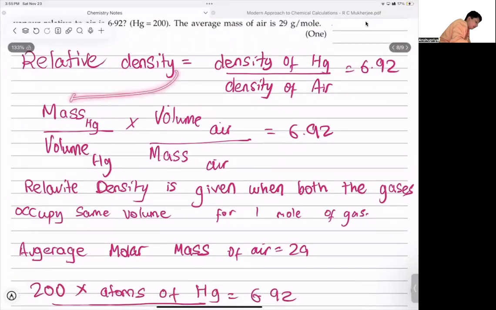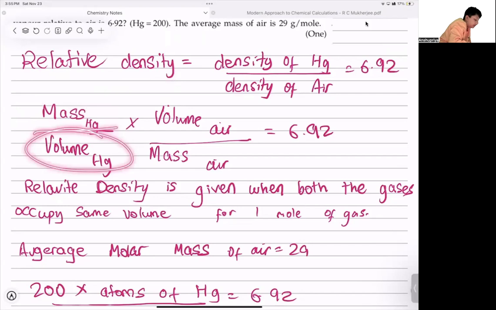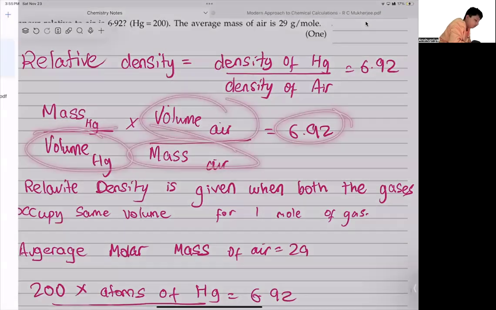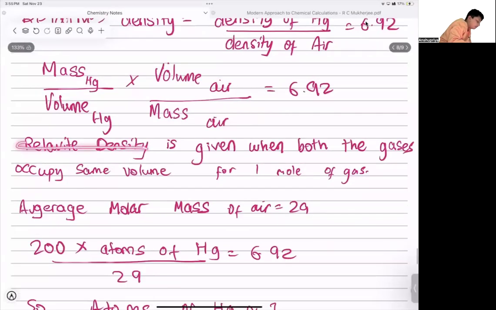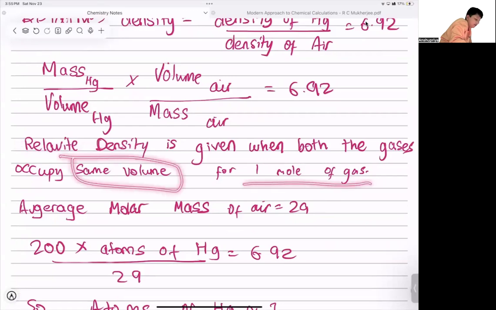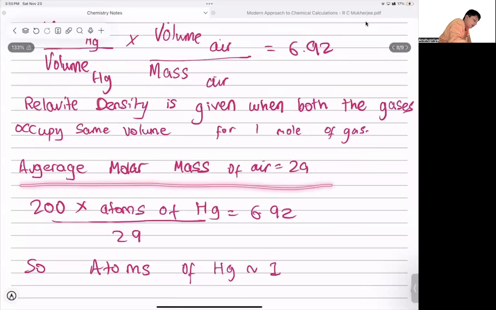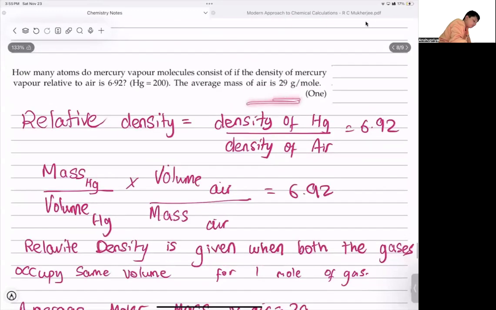So by simplifying it, we get mass of Hg divided by volume of Hg, into volume of air divided by mass of air, is equal to 6.92. So when is relative density given? When the gases occupy the same volume for 1 mole of gas, meaning every mole of gas has the same volume. The average molar mass of air is given as 29.